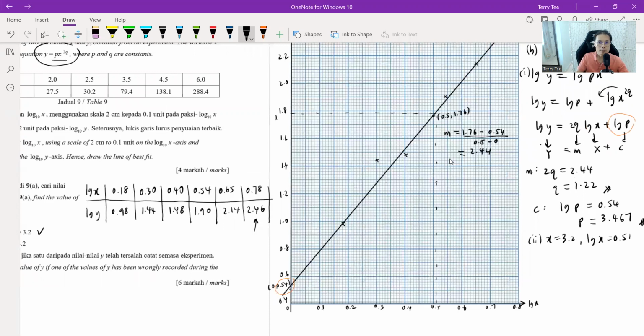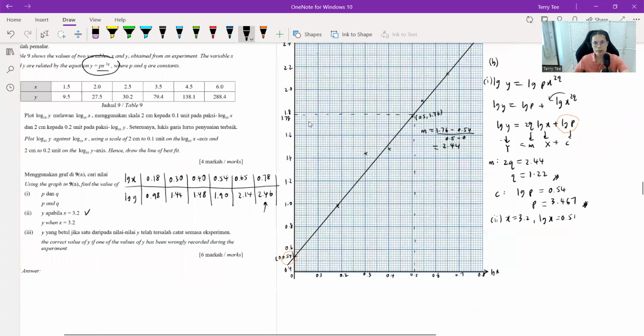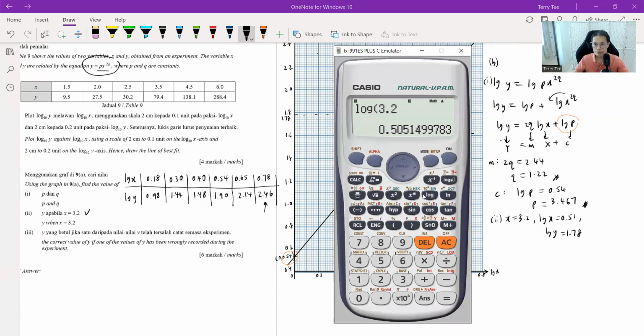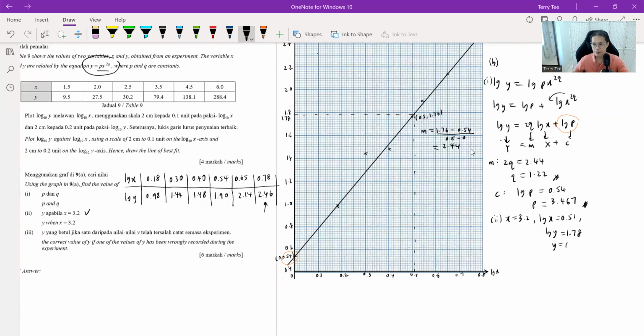Okay, so when this is 1.78, LG Y is 1.78. To find your Y, we shift log again, shift log, or 10 power 1.78. My answer is 60.26. Yeah, Y is 60.26.